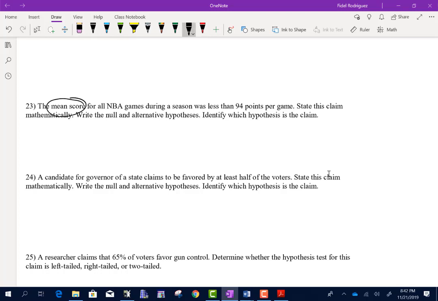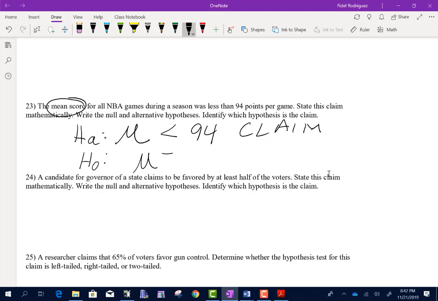Okay, so we're still talking about mean score, right? So mu is going to be less than what? 94? Isn't this my claim? So is that my H0 or my HA? That's my HA. Very good, guys.